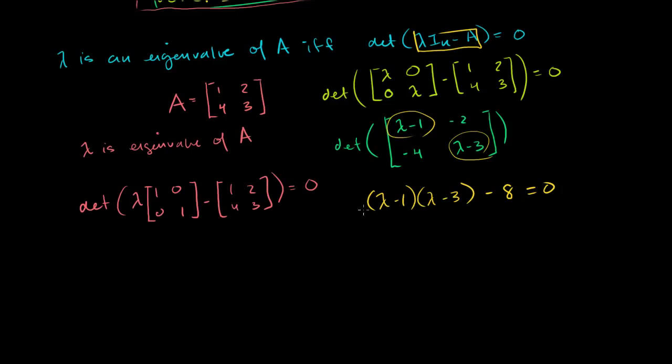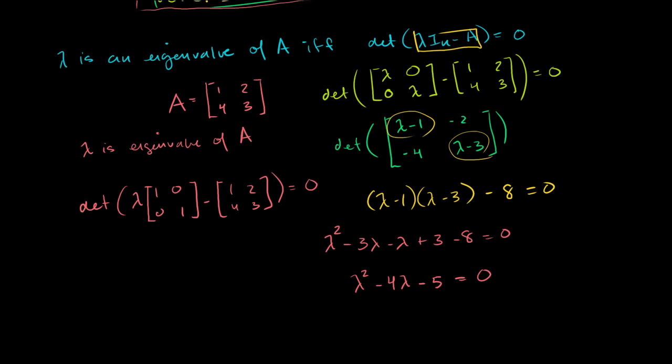We get lambda squared minus 3 lambda minus lambda plus 3 minus 8 is equal to 0. Or lambda squared minus 4 lambda minus 5 is equal to 0.